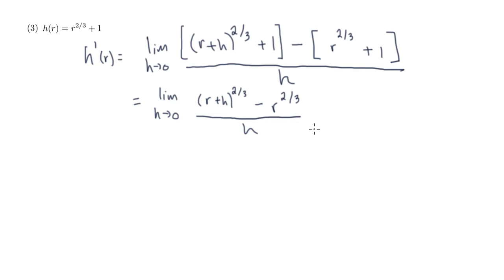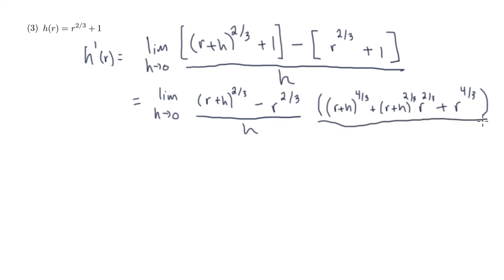So what I want to do here is multiply by the following factor: (r plus h) to the 4/3 plus (r plus h) to the 2/3 times r to the 2/3, and then plus r to the 4/3. And I'm going to multiply by the same factor in the numerator and the denominator.